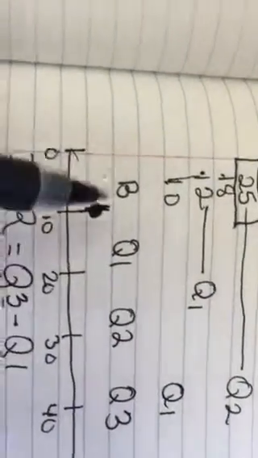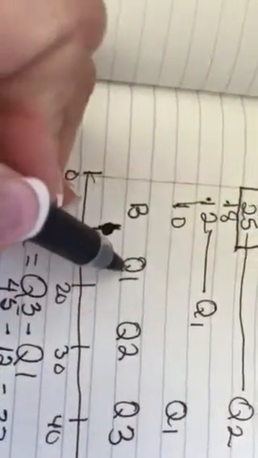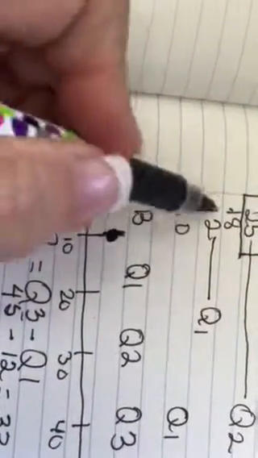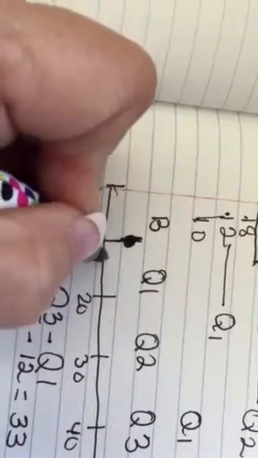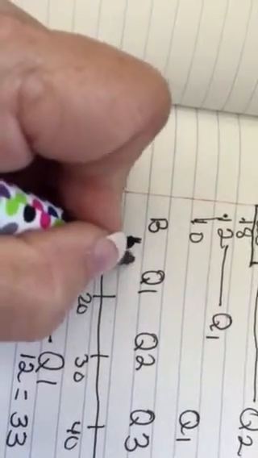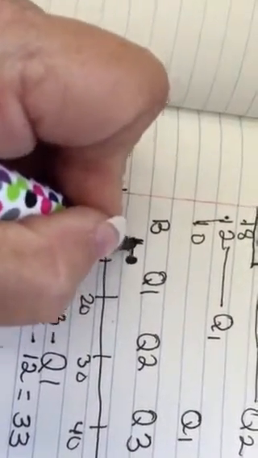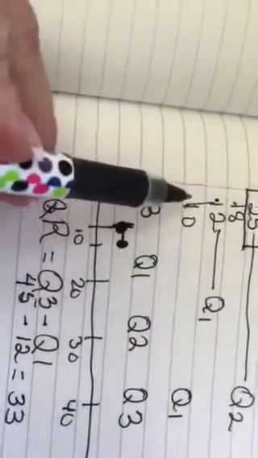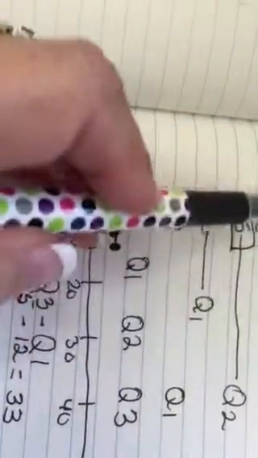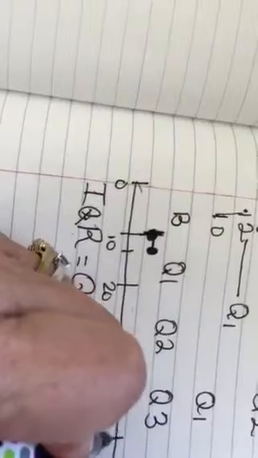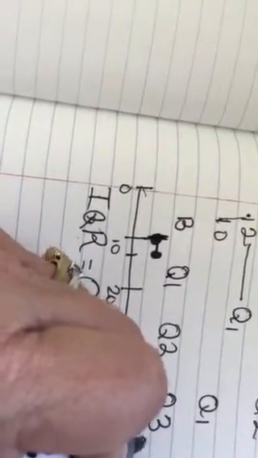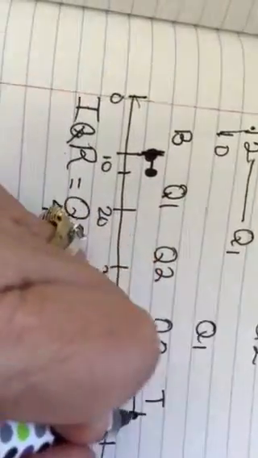All right, then I'm going to graph the next piece of data, which is Q1, which is 12, and it's about right here. Now, that forms your bottom whisker. Q3 is 45, so that's about here, and that forms your top whisker.